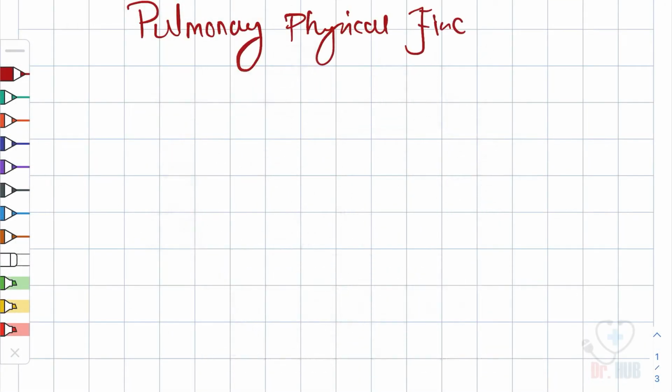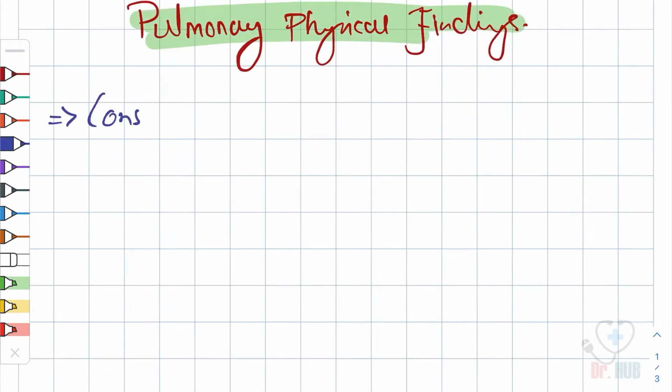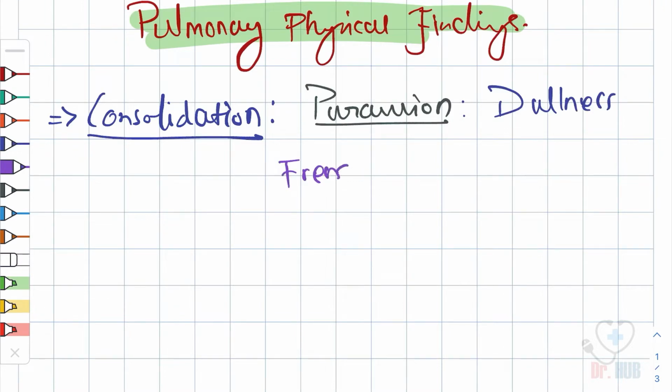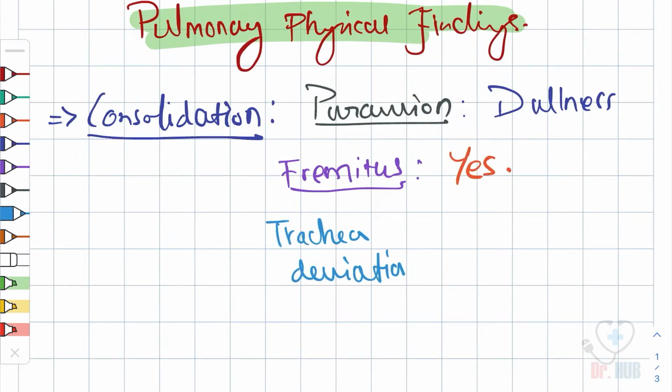Physical findings, looking at various diseases, first being consolidation. Under the heading of percussion, there is dullness. Looking at fremitus, yes, it is present. Tracheal deviation is not very prominent.